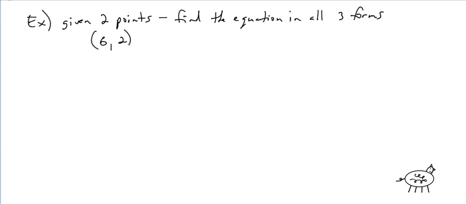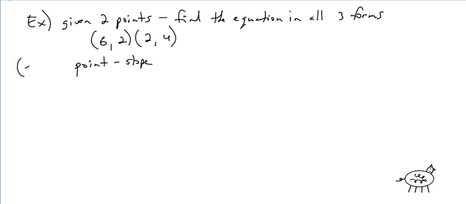You get (6, 2) and (2, 4). You want to start with the easiest one first, math fans. You don't want to start out with standard form. That's actually the last one you're going to deal with. What you want to do is start out with point-slope form first.